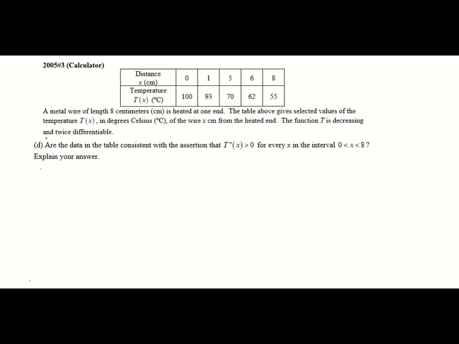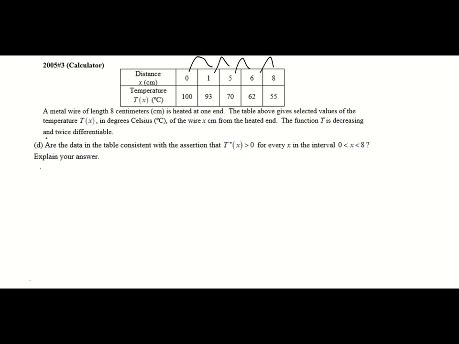So probably the best way to do that, because we're just given data in a table, is to calculate slopes. So let's calculate some slopes. I'm going to do more work than is necessary to do this problem. We can talk about what would have been required after, but I'm going to go ahead and be thorough in how to do this. So how many slopes can I calculate using the data in this table? 1, 2, 3, 4 total slopes, because I have 4 pairs of consecutive points to work with.